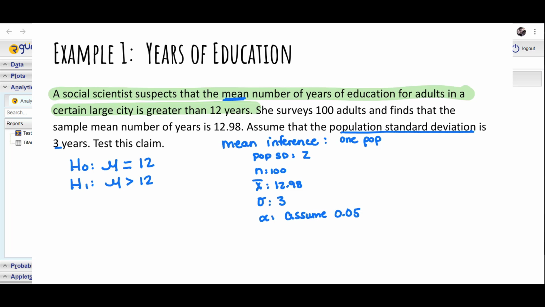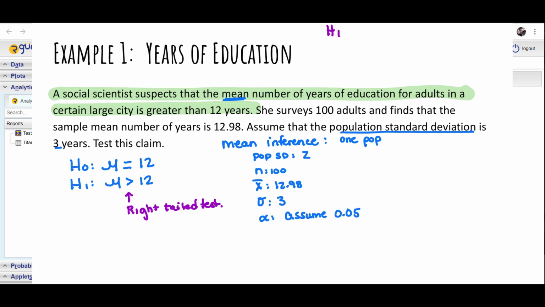Oh, also real quick, they might ask you which type of tail you would need for this test. So if it's greater than, that is a right-tailed test. And when we do this in Rguroo, it will do an illustration of a curve with some shading, and you will see that this will be right-tailed.